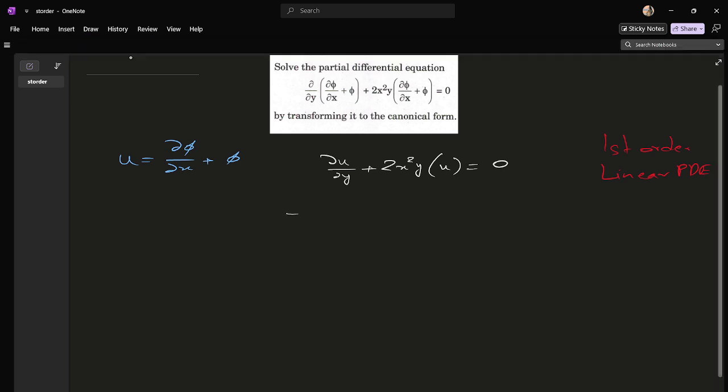What will be the second step? We can rewrite this as ∂u/∂y = −2x²y u.